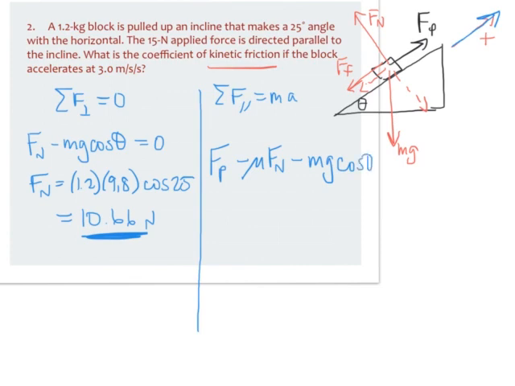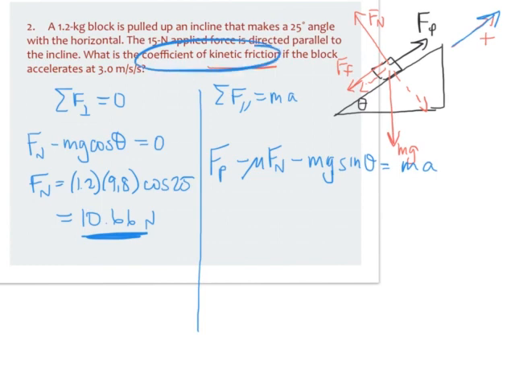Oops, sorry, that should be the sine, mg times the sine of theta. So mg sine theta points down the incline, but it's moving up the incline, so it's going to be put in there as negative.